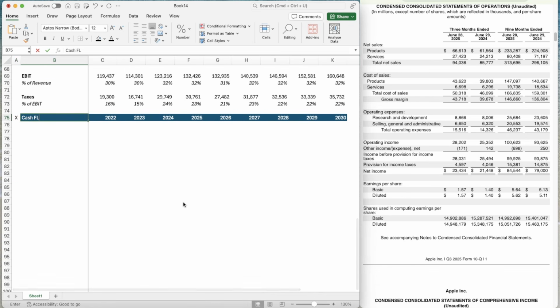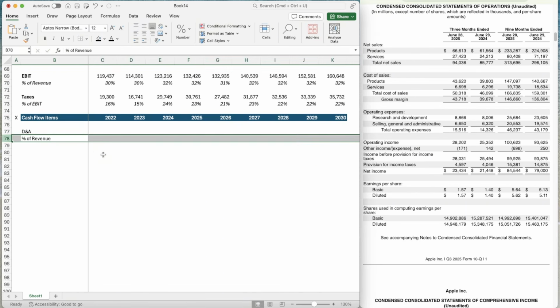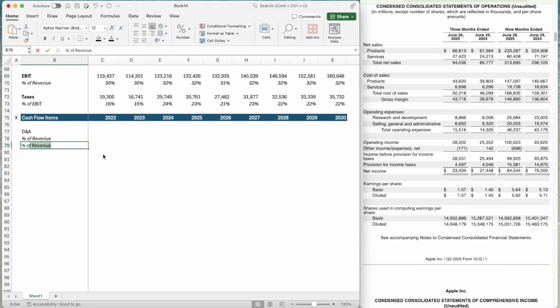So now it's cash flow items. Your cash flow items are depreciation and amortization, the CapEx, and your change in net working capital, or that change in NWC.